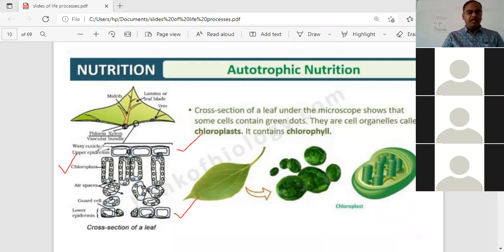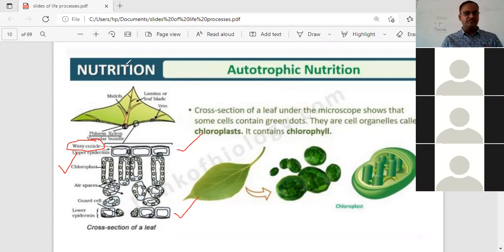And on the upper epidermis, there is a layer called the waxy cuticle. This layer makes the epidermis impervious to water. What does this mean? Impervious to water means that water loss will not occur. That means it protects from water loss. Waxy cuticle.